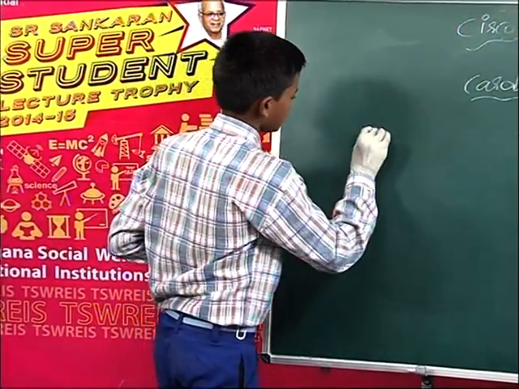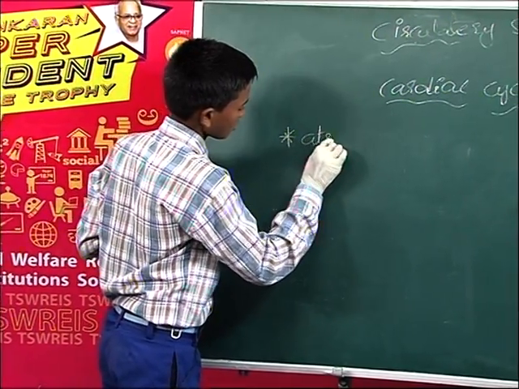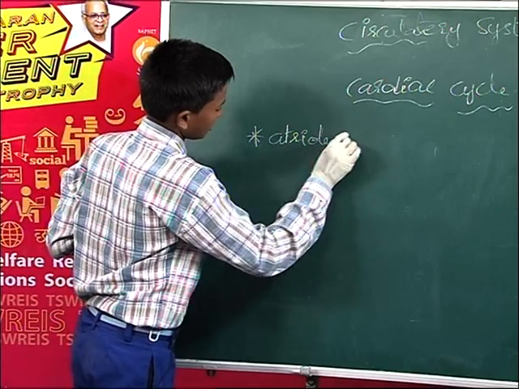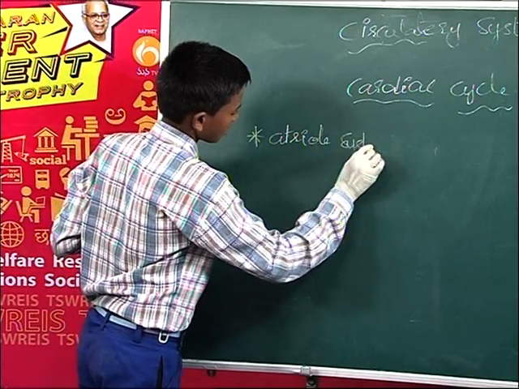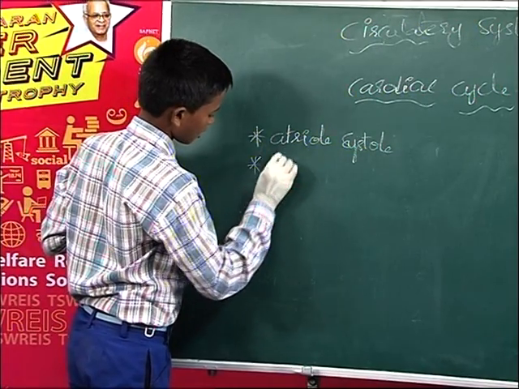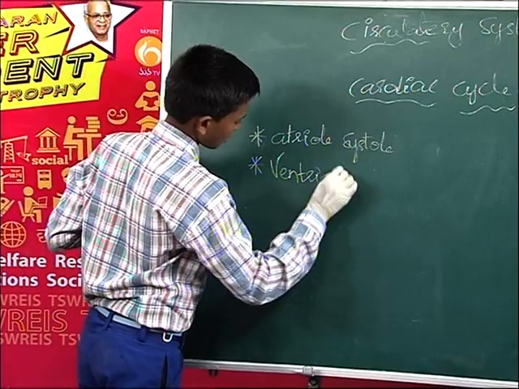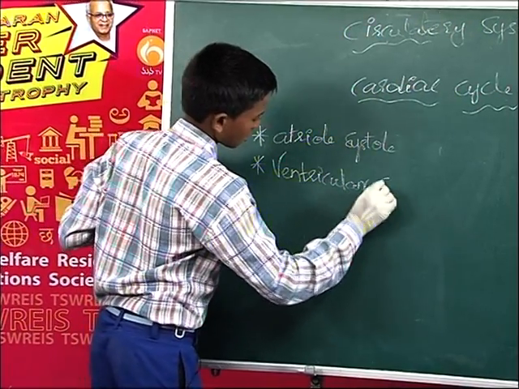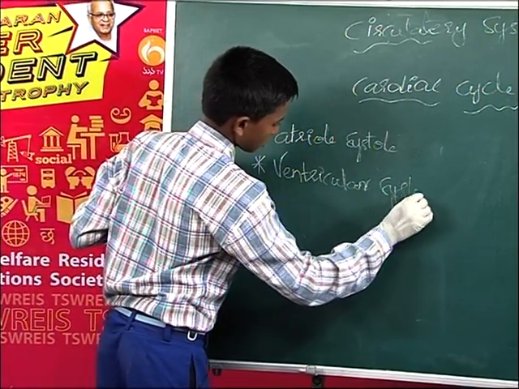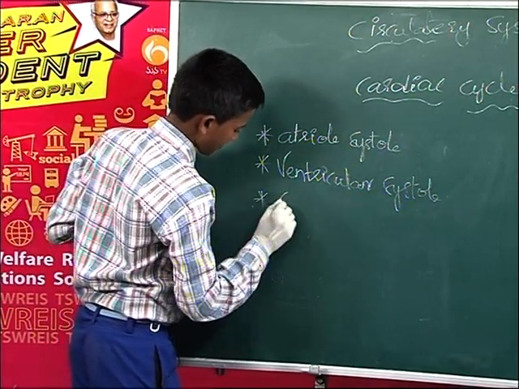So, this cardiac cycle includes atrial systole, ventricular systole, and cardiac diastole.